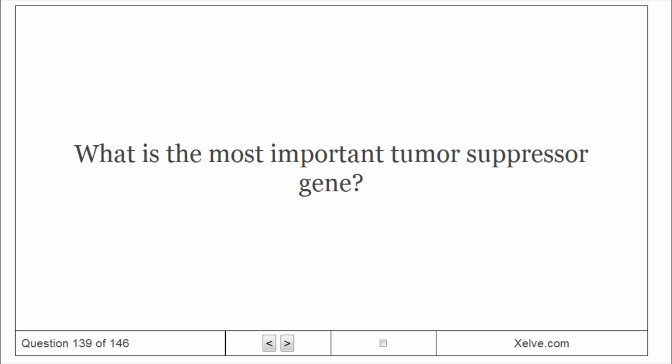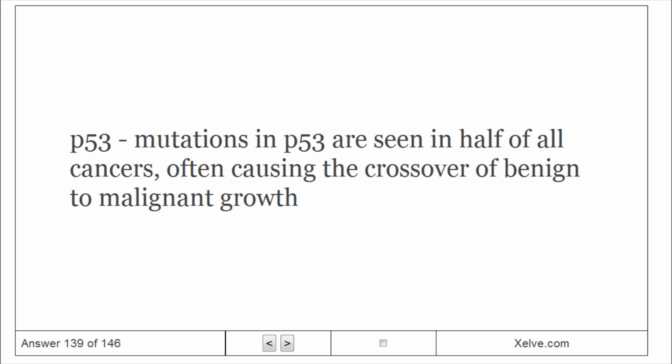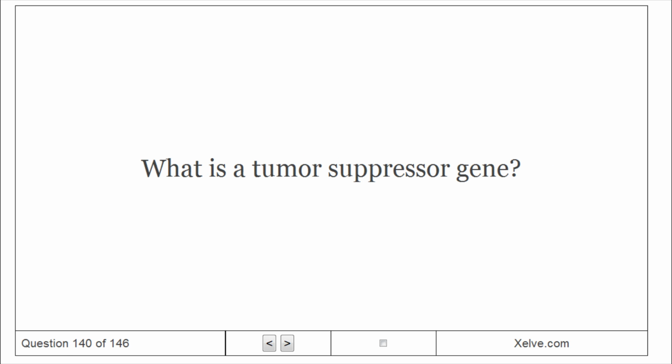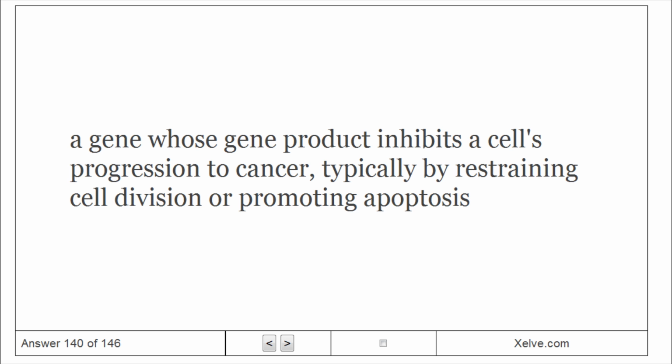What is the most important tumor suppressor gene? p53. Mutations in p53 are seen in half of all cancers, often causing the crossover of benign to malignant growth. What is a tumor suppressor gene? A gene whose gene product inhibits a cell's progression to cancer, typically by restraining cell division or promoting apoptosis.